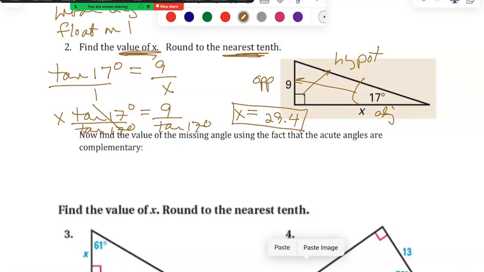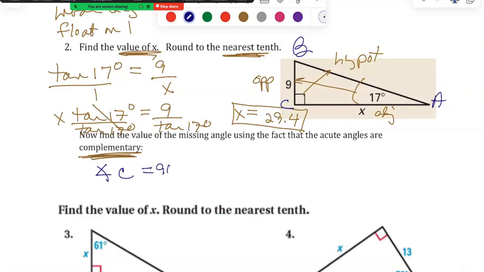Then it says, now find the value of the missing angle using the fact that the acute angles are complementary. Okay, what's missing? Let's label this ABC. Let's find angle B. Well, angle C is 90 degrees.